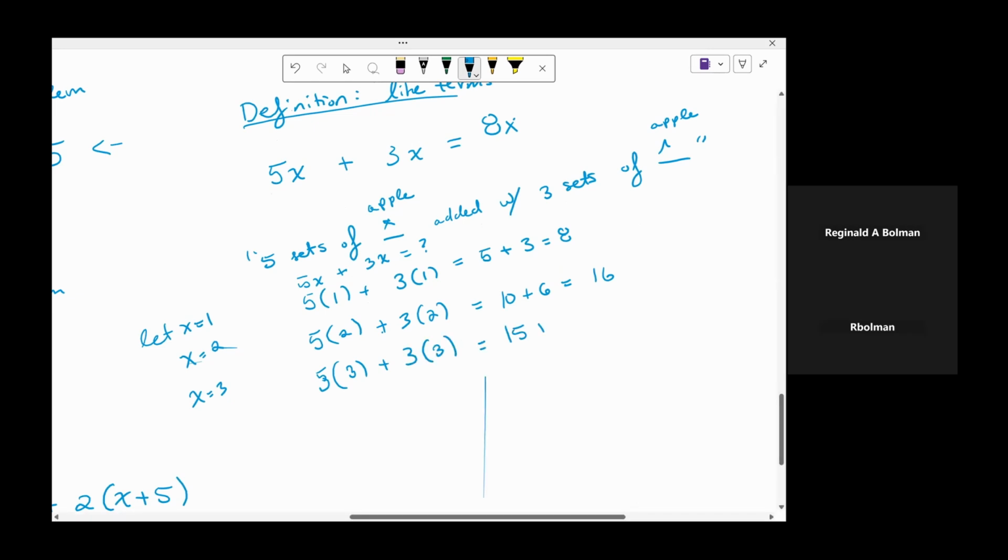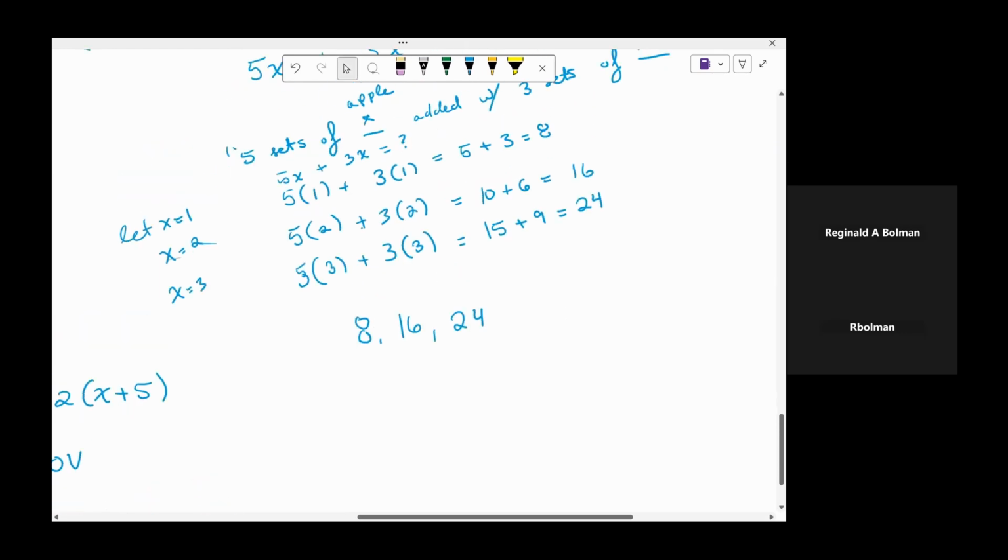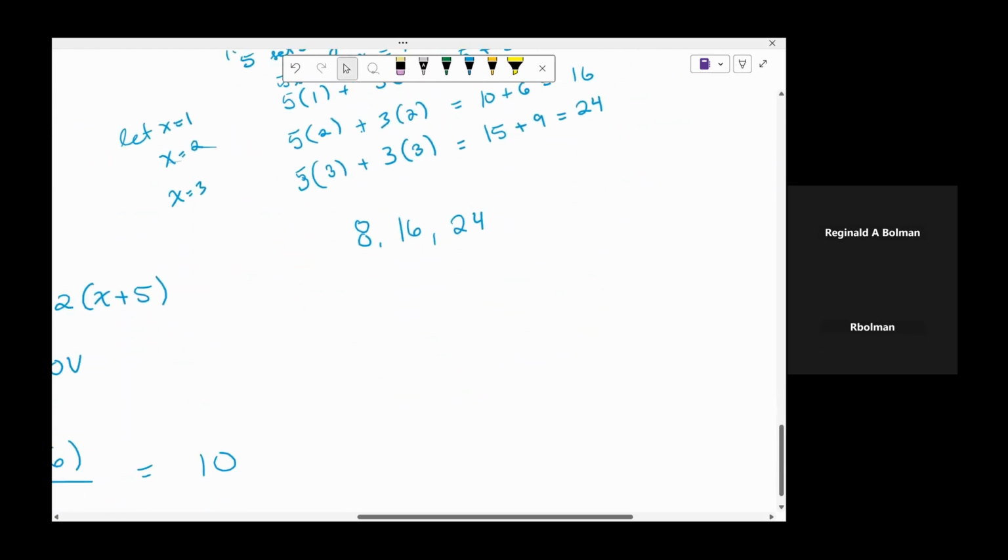So that would give you 15 plus 9. And 15 plus 9 should give me, let's see, 24, correct? Okay, and now you're going to ask the question, I've got this sequence of numbers, 8, 16, and 24. How can I relate these sequence of numbers together?